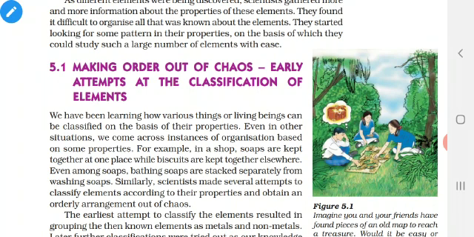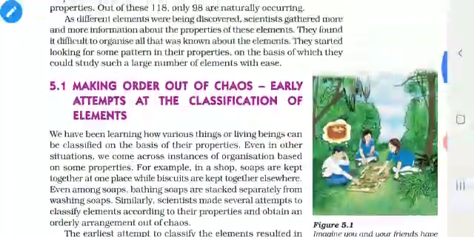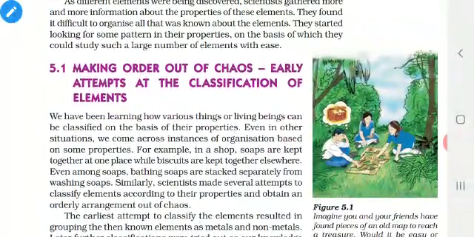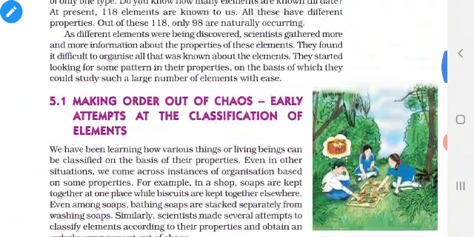Then only they can be grouped into a particular group, isn't it? So the scientists are looking for the pattern, for some similarity between these elements to group them. Have you understood, children?